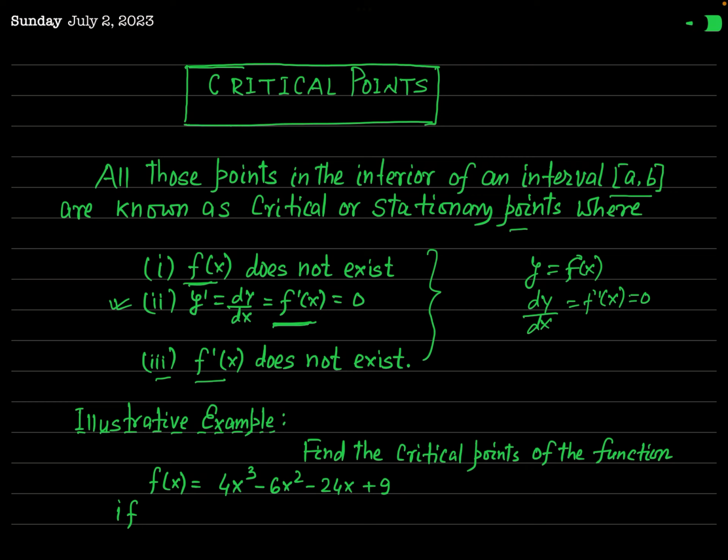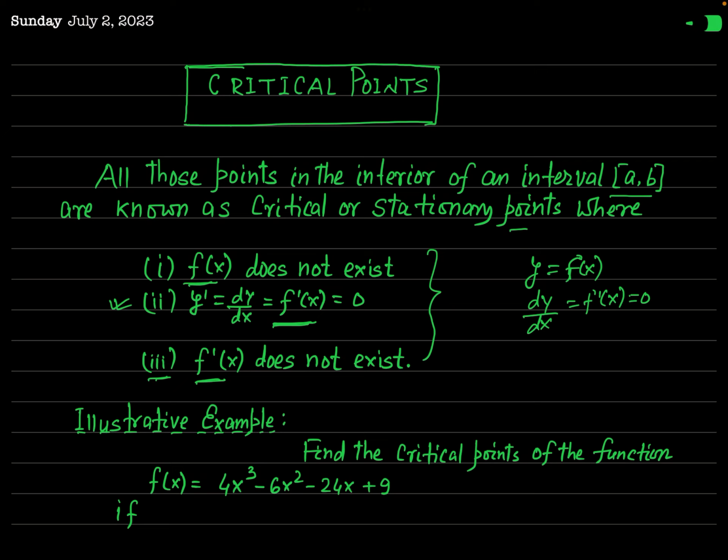Then you should equate it to 0 and solve the equation. You will get the critical point. But if the function is not differentiable, then we use the third condition. But in most of the problems you will see that the given equation of curve will be differentiable.